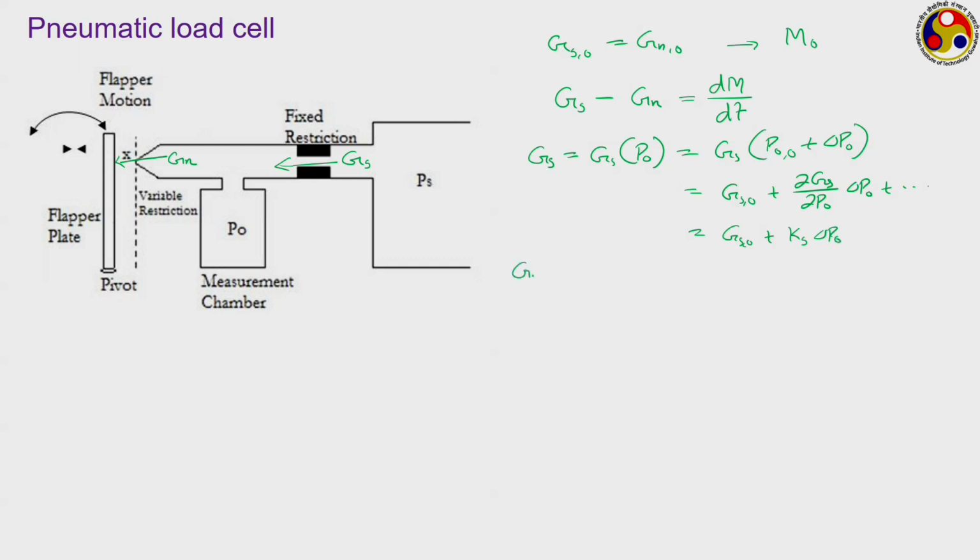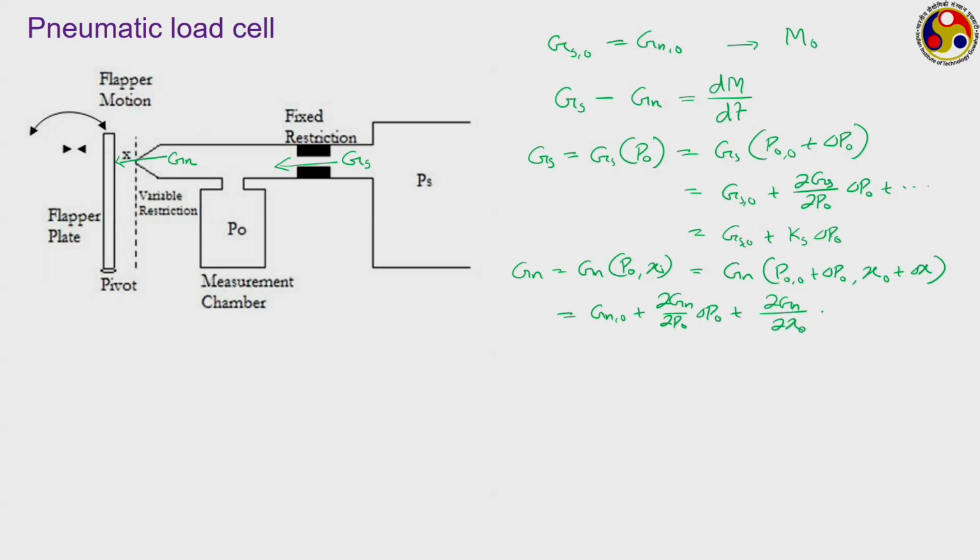Similarly, Gn depends upon both this P0 and x. So, Gn can be expanded like this. Let us say x0 is the initial position. So, correspondingly we are going to get Gn0 plus, this exercise we have done earlier.